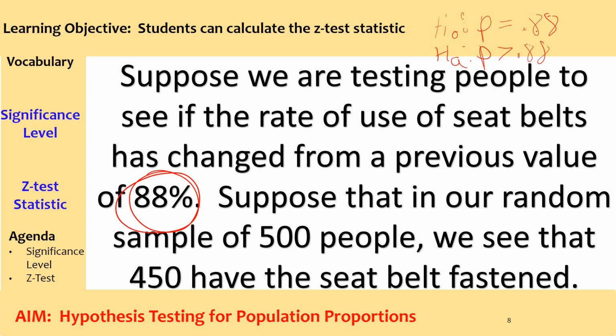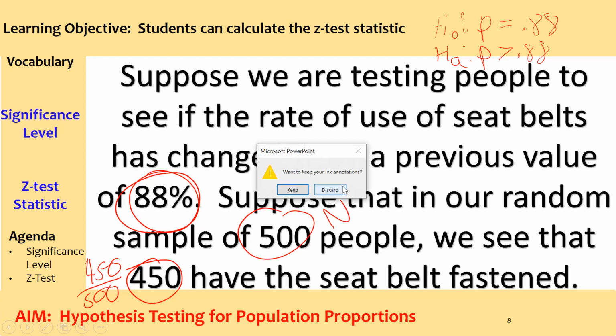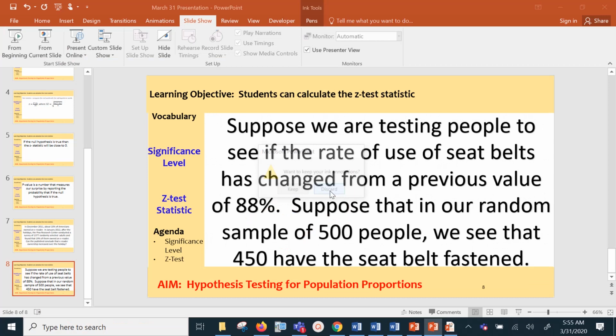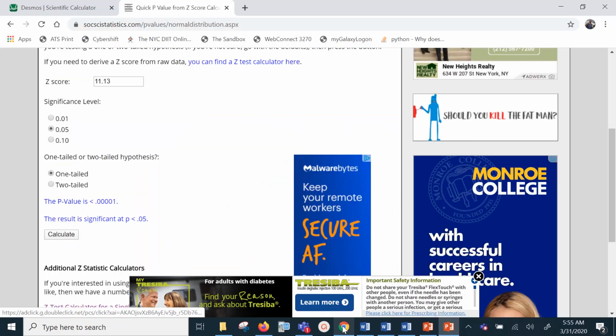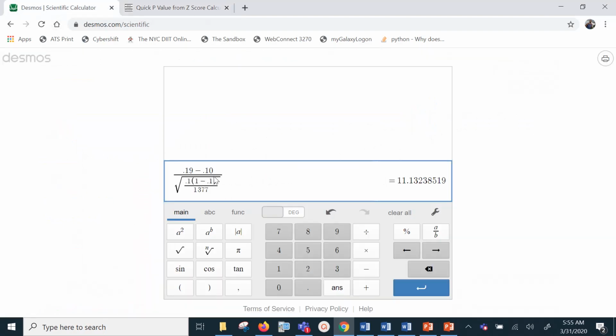Okay, so we're gonna have to do a little bit of extra math, right? Because they didn't give us a percentage, they gave us a number, but that's not a problem because we just have to remember to find the percentage, you just have to do 450 divided by 500. And our sample size is 500, right? That's n. So we basically have everything we need to plug into our calculator. So we go into our calculator.